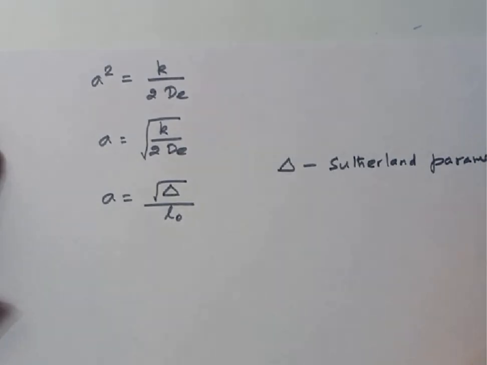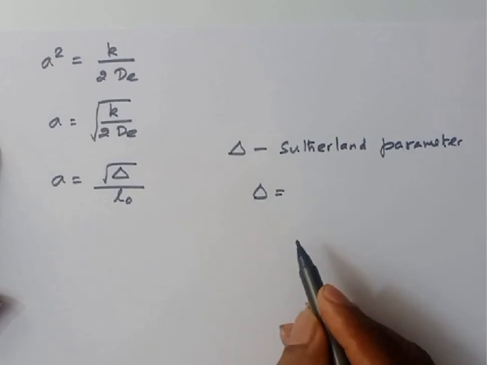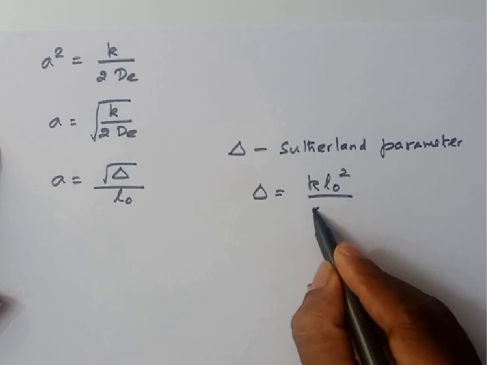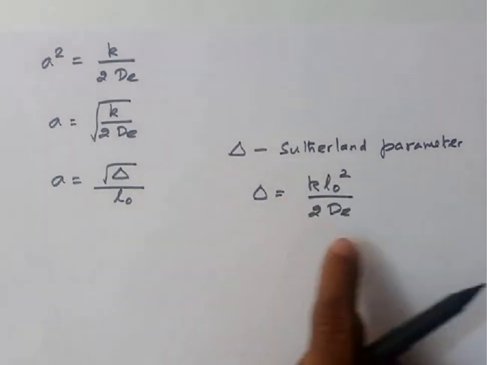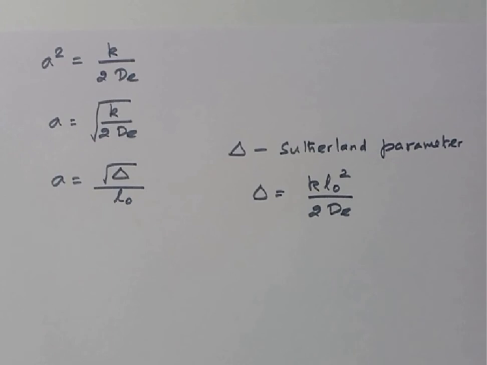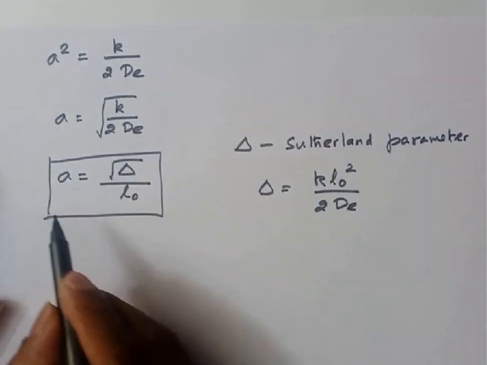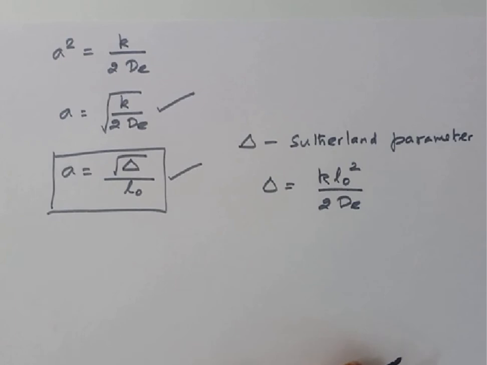Delta is nothing but k L naught square divided by 2 dE, and this is what we call the Sutherland parameter. So here I have written a in terms of the Sutherland parameter. Remember both of these equations. These two are very, very important. Note down.